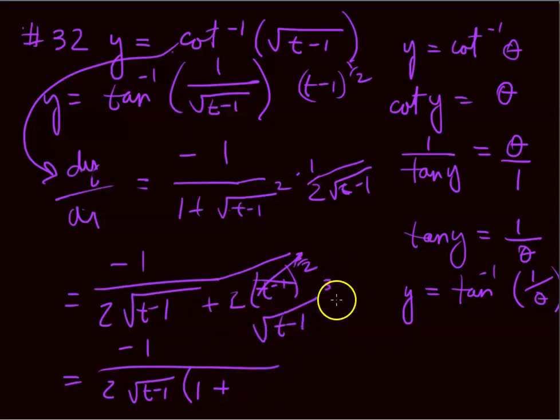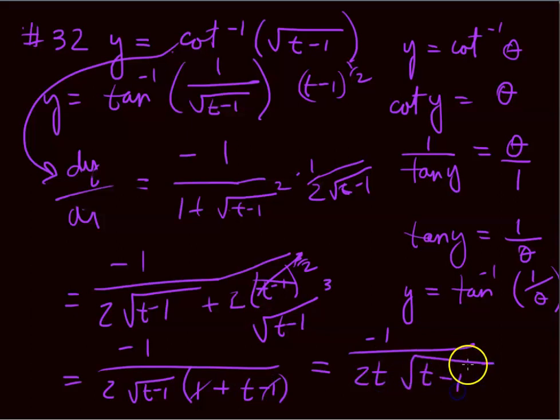Square root of t minus 1 squared. So it's just going to be a t minus 1, which gives me a negative 1 over 2, and this 1 cancels, 2, and then the t, times the square root of t minus 1. Wow, I made that so complicated. But it does become a little confusing. I did get 4 steps. So that's good.